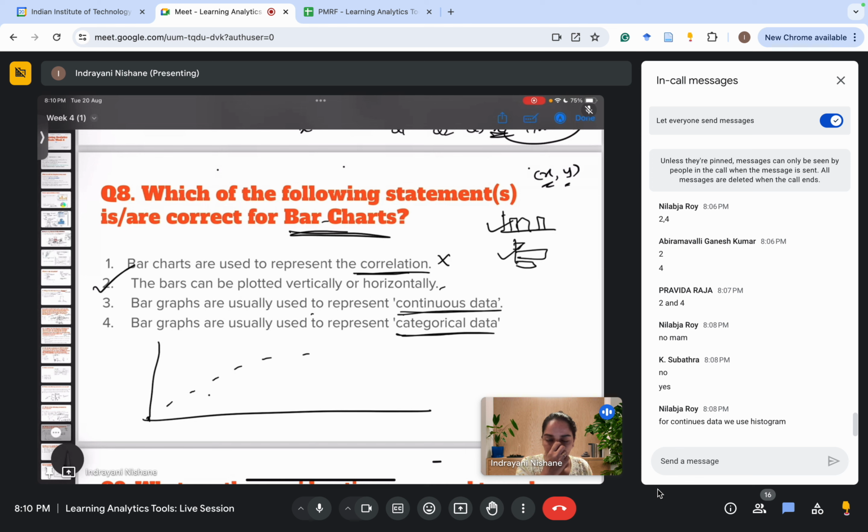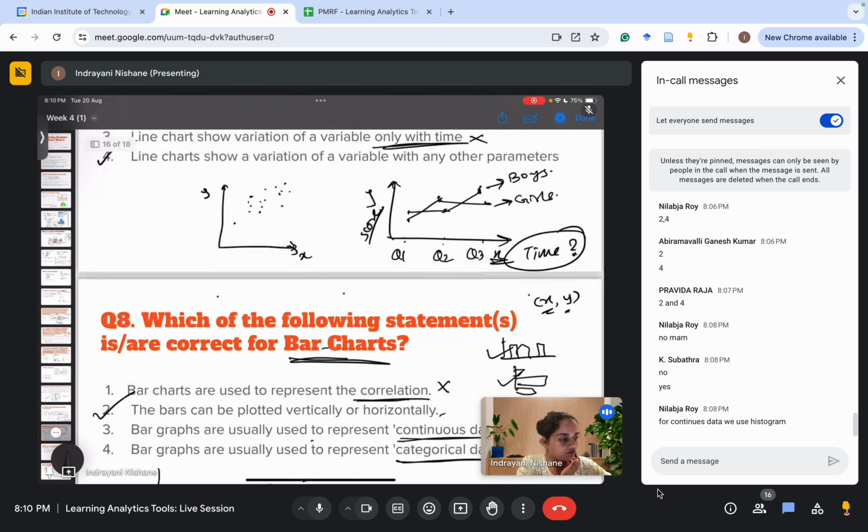So continuous data, if you want to plot as a bar chart, becomes a histogram. So option 3 is not so correct, but categorical data, we can represent as a bar chart also.